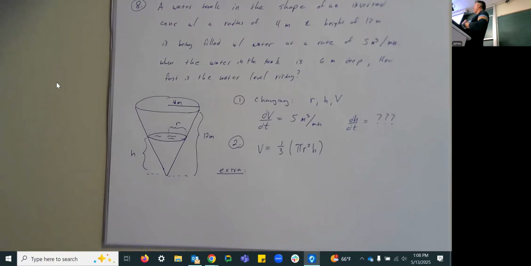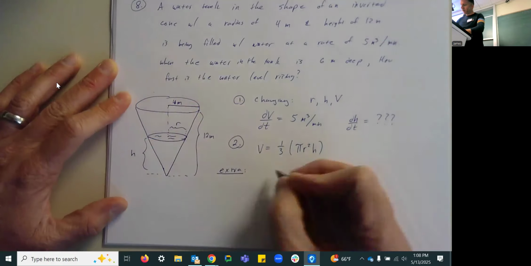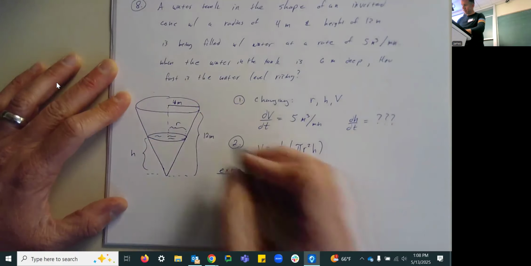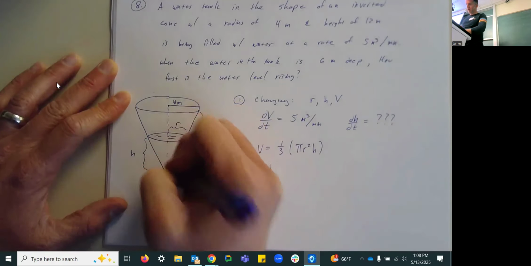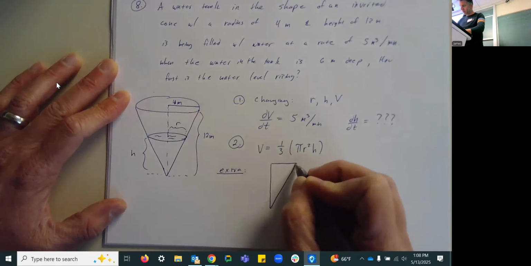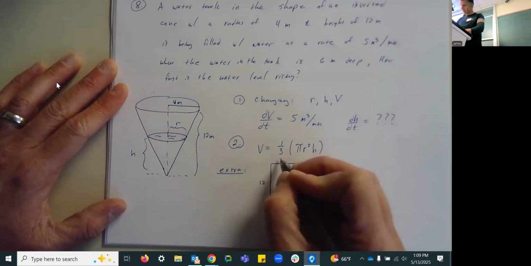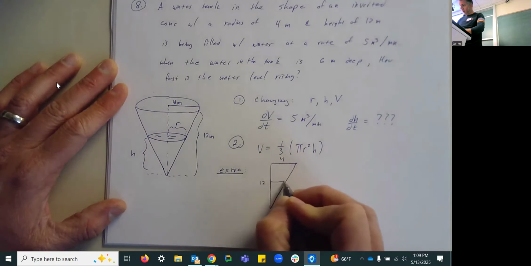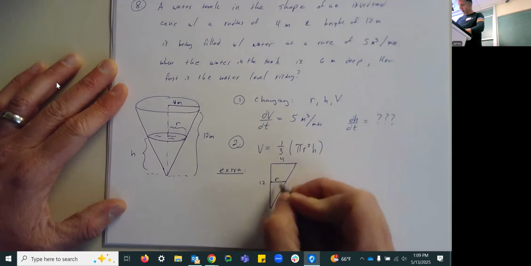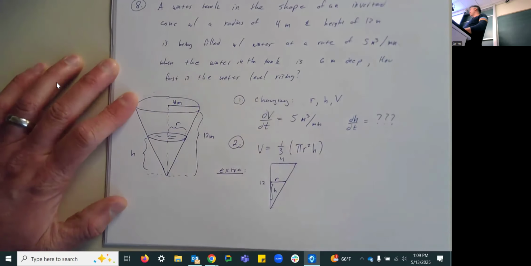You could do more work here. If you really wanted to, you could draw this right-hand side of the cone as some similar triangles, where this larger height is 12, this radius is 4, and then for my water, the radius is r and the height is h. Then I could set up a proportion using similar triangles.